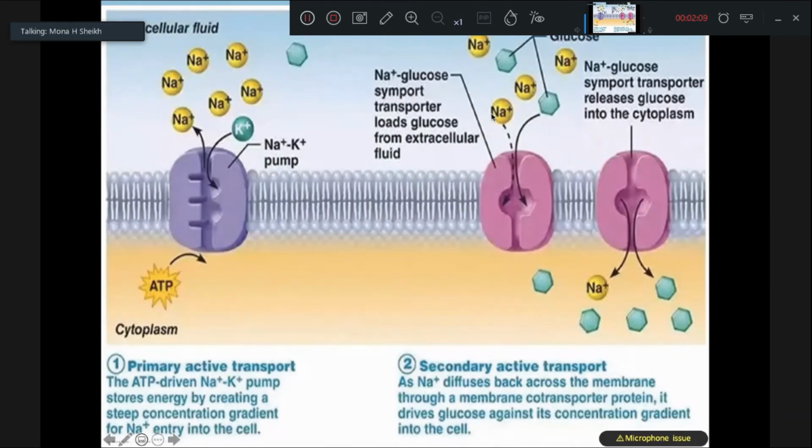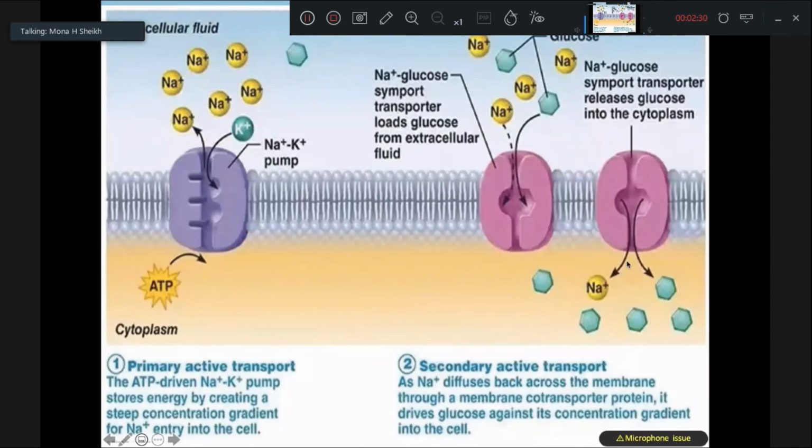The presence of sodium is created by this primary mechanism. So we call this a secondary active transport because it depends on the ATP that has been used by another pump. The sodium glucose co-transport is a very common, important example.